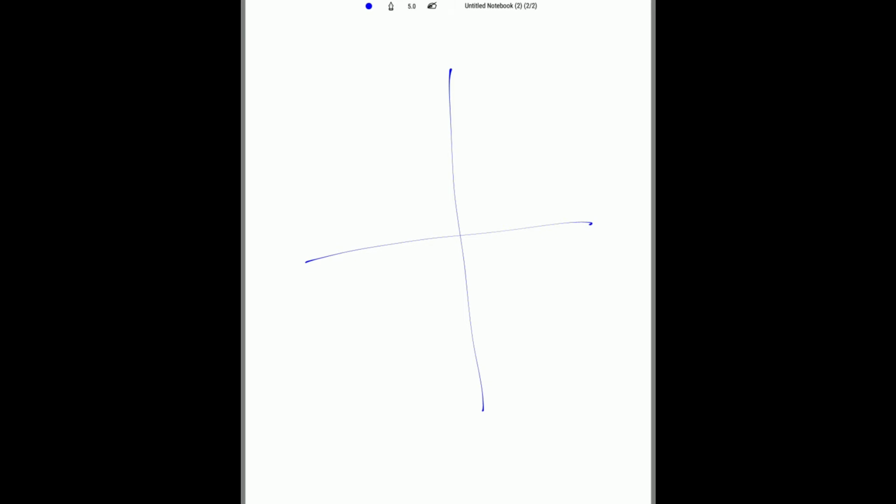So for example, we have a piecewise function, and the limit here as x approaches a, where a is right here, from the left, we're seeing that this is the limit.